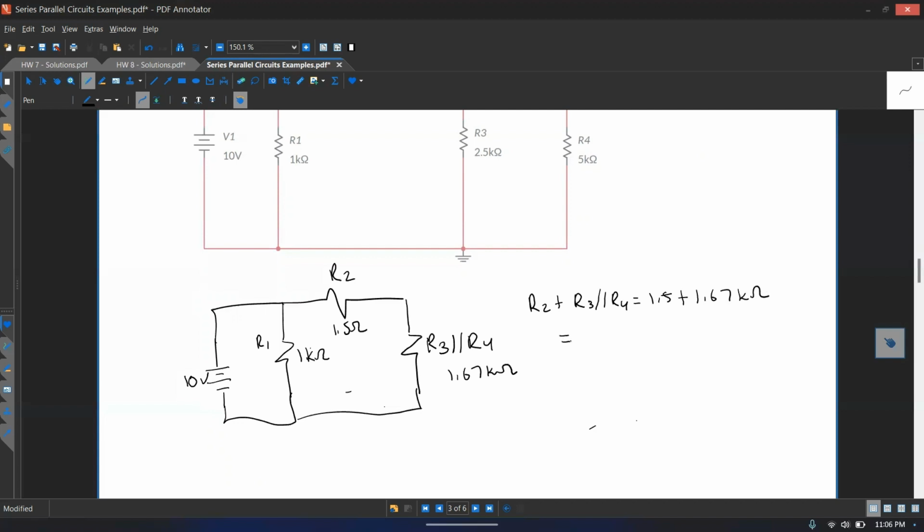And so that equals 3.17 kilo ohms. All right, so now once we do that, let's go ahead and redraw the circuit.